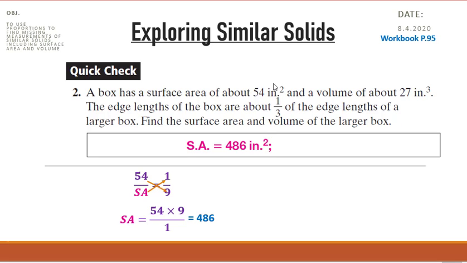Okay, the cube of 1/3. So, Hassan, tell me the ratio, the proportion. 27 over the required volume equals 1/27. What's the problem with that, Mu'ammal?